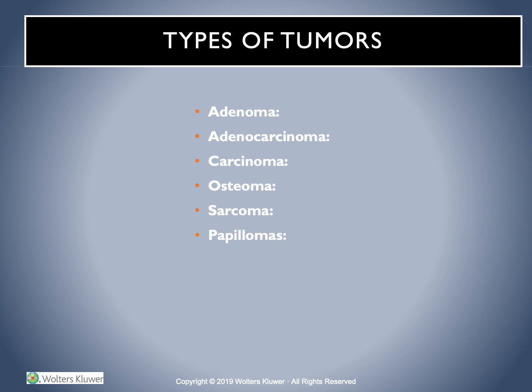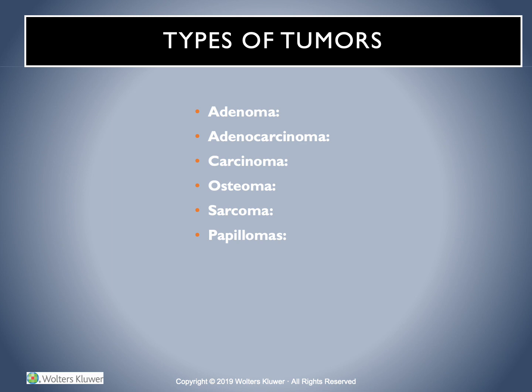Tumors can be classified into various types based on their origin, cell type, and characteristics. Tumors can be classified as carcinomas. Carcinomas are tumors that originate from epithelial cells, which are the cells that line the surface and cavities of organs and tissues.